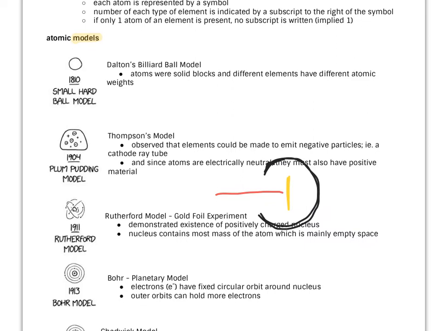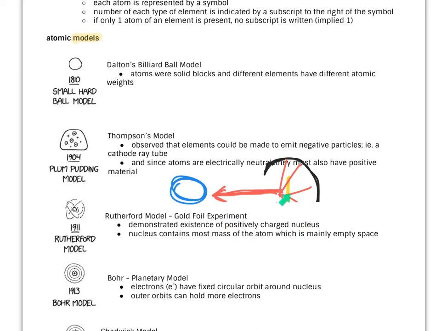He found that most often the particles shot around like this, but very few particles shot all the way straight back to the source of the particles. So from this, he concluded that there must be a positively charged nucleus in order for those particles to shoot back.